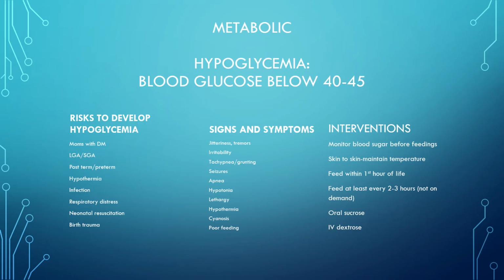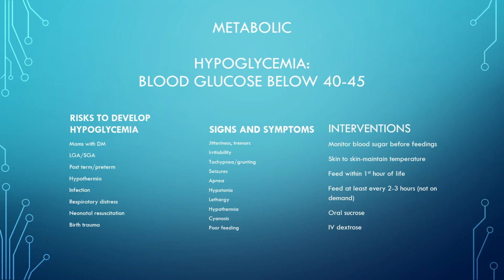Okay, so if their temperature is low, they're using up all that energy to warm their temperature up, and now there's no sugar left in their body, therefore they're hypoglycemic. Infection can cause them to develop hypoglycemia. Respiratory distress, there's that second one. So now we have all three of them that can cause each other. Neonatal resuscitation or birth trauma.